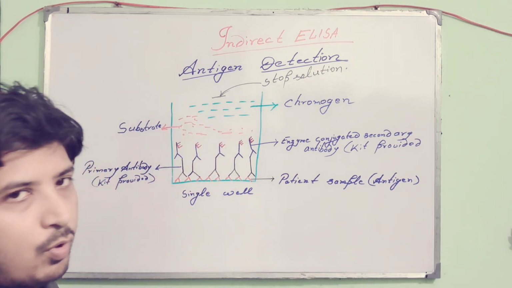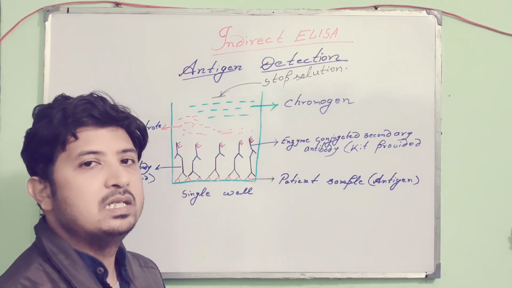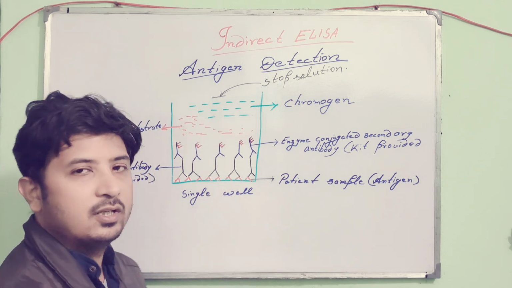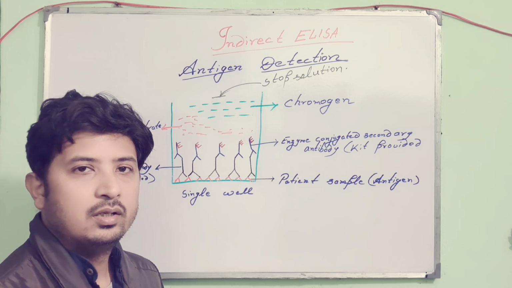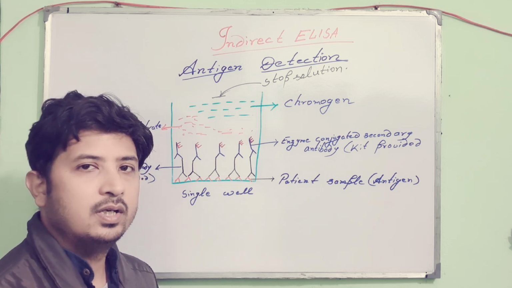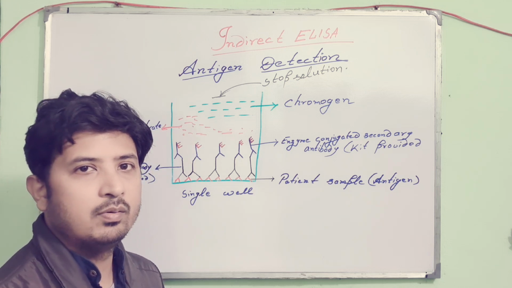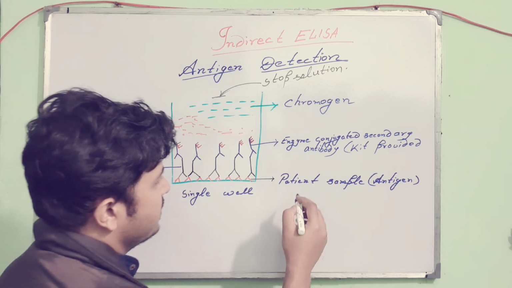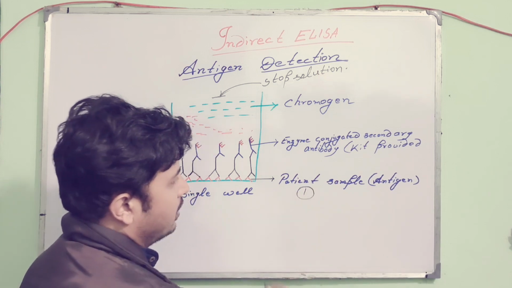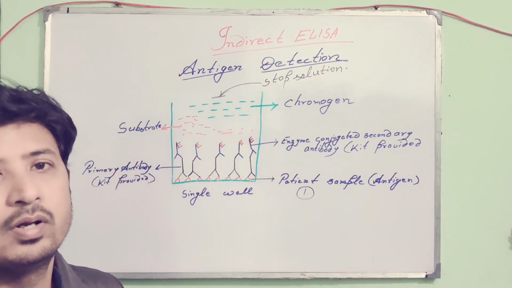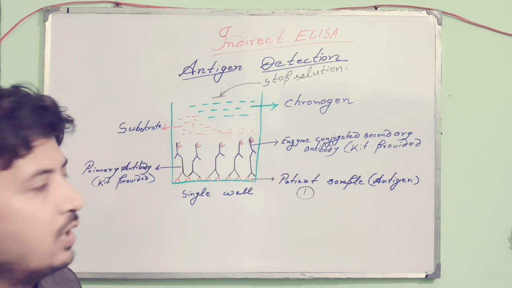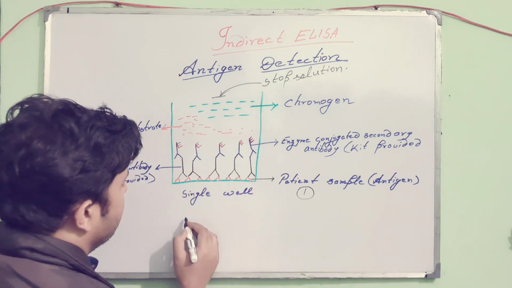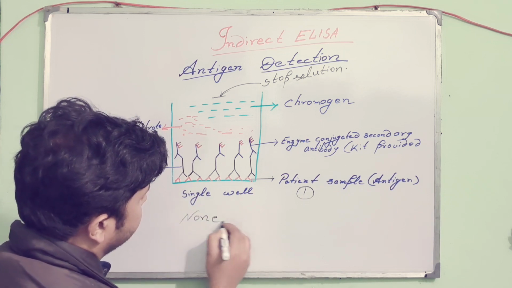If the patient is positive, then only the antigen will be present in the serum, and that will adhere to the surface of the well after incubation. It may be 8 hours, 10 hours, or 12 hours depending on the kit manual. The first step is to add the patient sample, or antigen, into the well. Here the well comes non-coated.